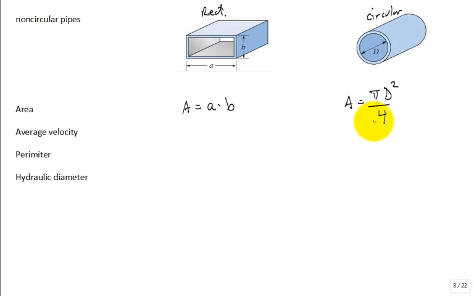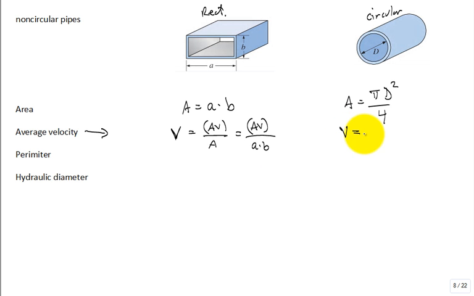Good. What is the average velocity? It would be the volumetric flow rate through it divided by the area. Is that how I get the average velocity? I would say, give me the volumetric flow rate, let me divide by the area. That's the average velocity in it. True or false? So you could say, give me the volumetric flow rate and divide by A times B. Good. Why did I write A there? Oh man, come on now.